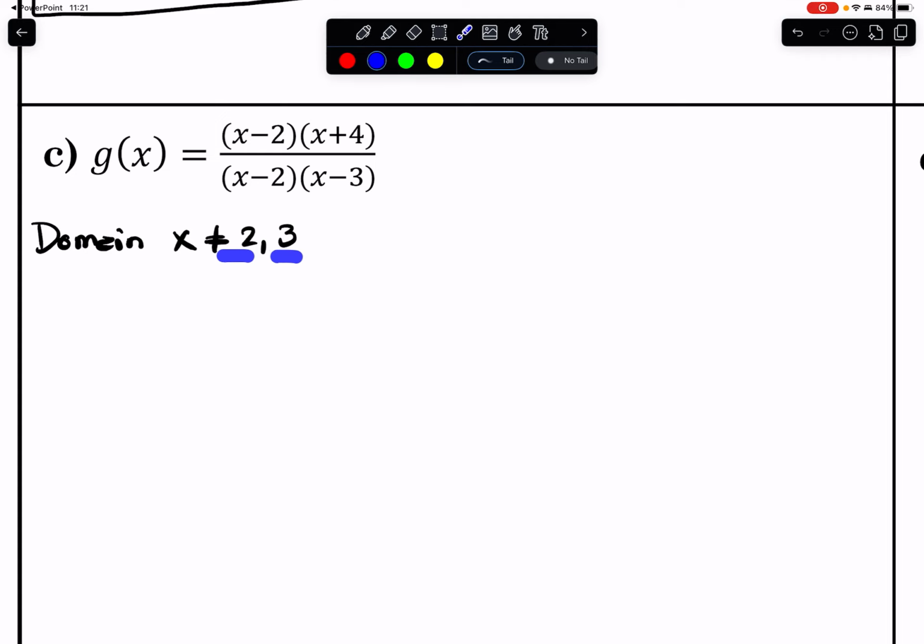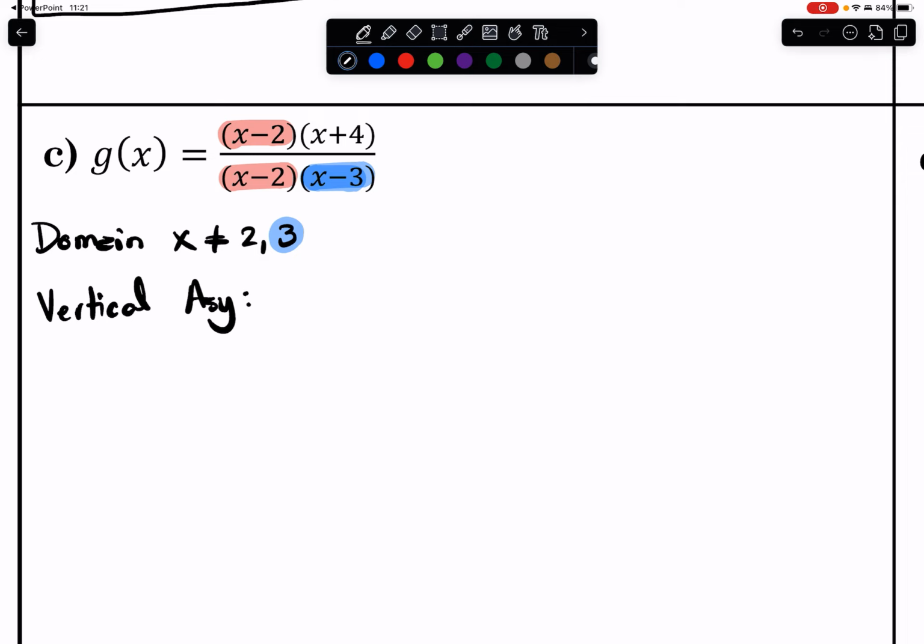The only place where we have a vertical asymptote is going to be at this factor right here at 3, because x minus 2 and x minus 2 is a common factor. So even though x cannot equal those two numbers, the only vertical asymptote that we have is at x equals positive 3.